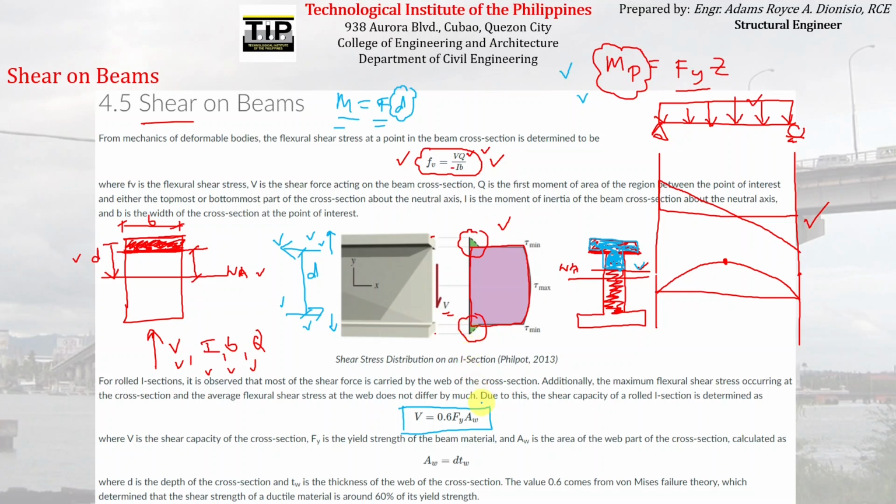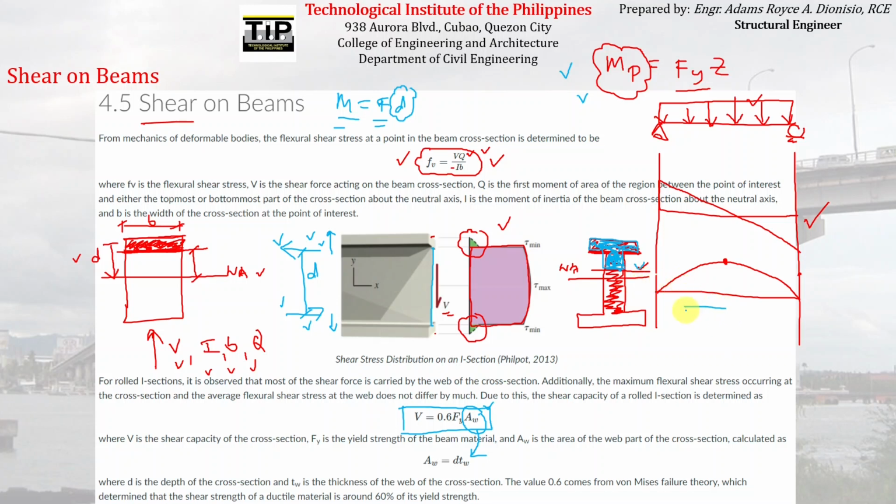Although in this particular formula, as you can see, the area of the web that we are talking about here is not the area of the web alone. So it's not from here to here only, but the whole depth was used. Okay? So the shear area that we are talking about in this particular formula is actually this area.